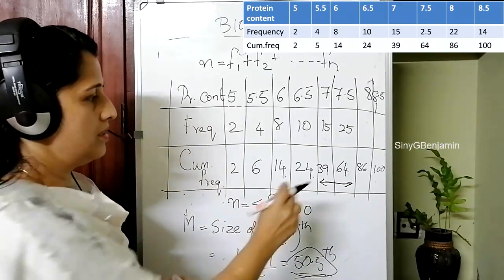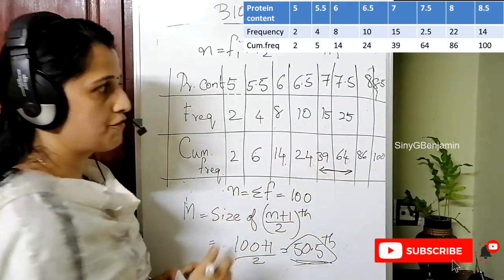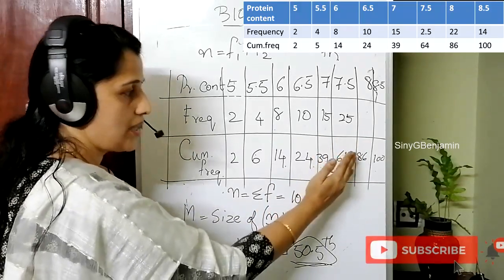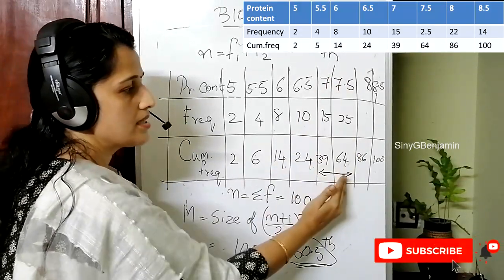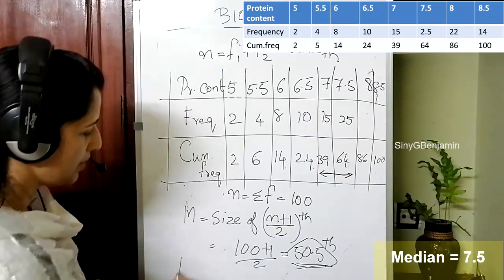So the 50.5th item will be coming in this row. So 7.5 is the median.